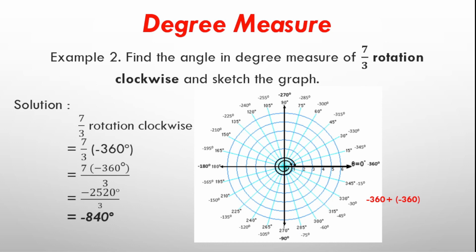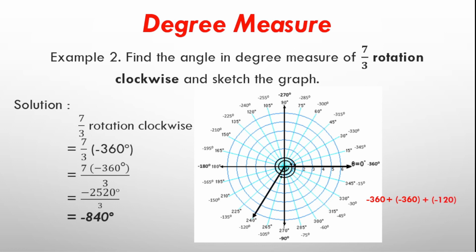So that is another negative 360 degrees. As we add negative 360 degrees plus negative 360 degrees, that is equal to negative 720 degrees. So we are going to extend our rotation again to make it negative 840.